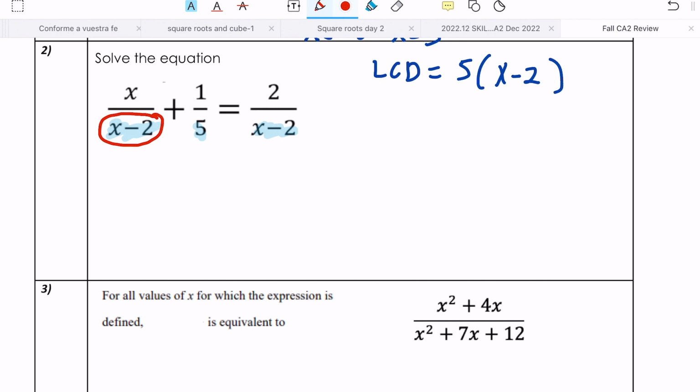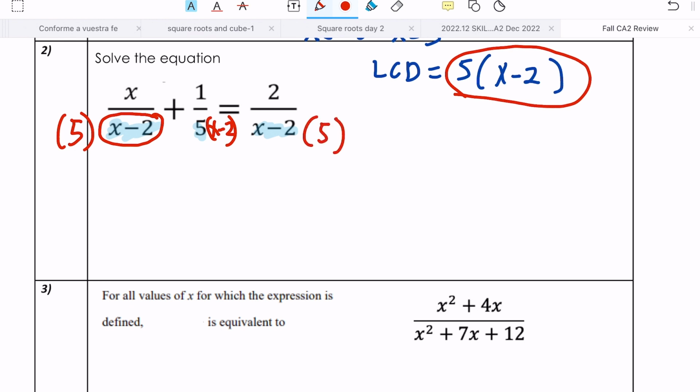It's the same as x minus 2. So you have to put 1 under. But what's that denominator missing from the LCD? This one is missing 5. Okay, this is missing x minus 2. And this is also missing a 5. Now, whatever we do to the bottom, we must do to the top.